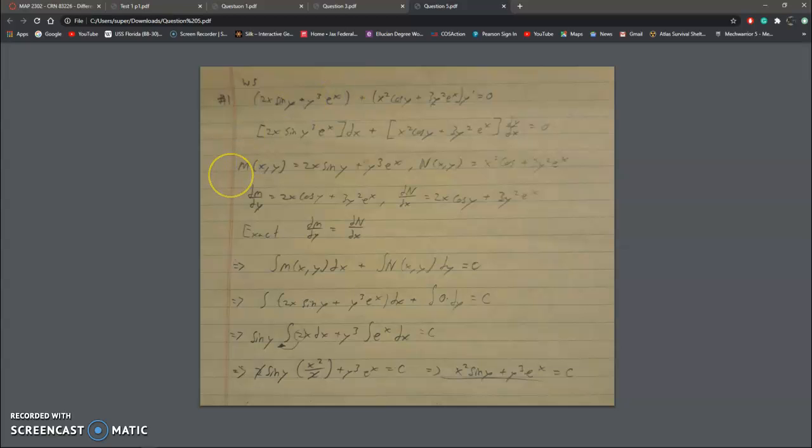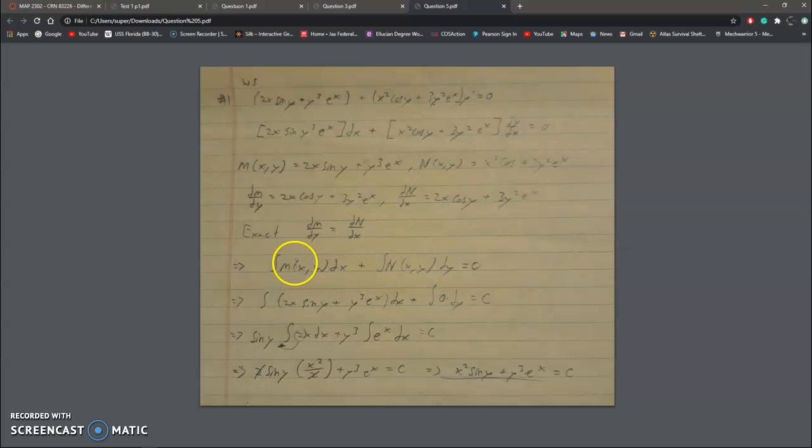And then finding the M, and then the N, and then dM/dy, and then dN/dx, which results in an exact solution because dM/dy and dN/dx equal each other when you differentiate the y's and then differentiate the x's, which results in the same thing.